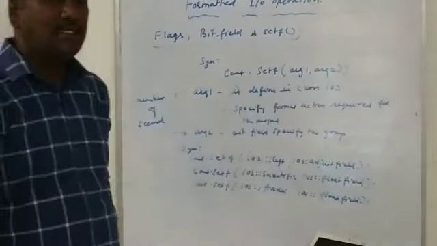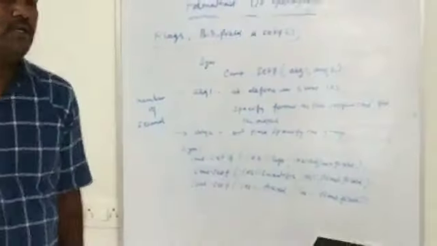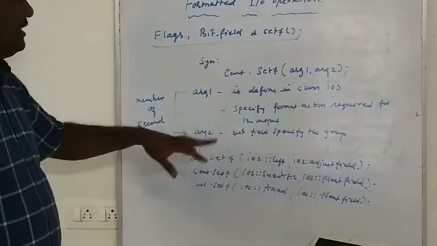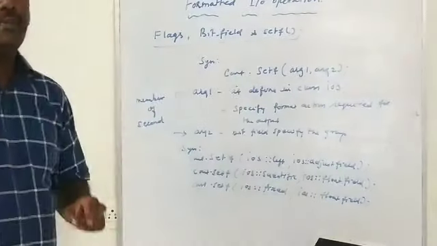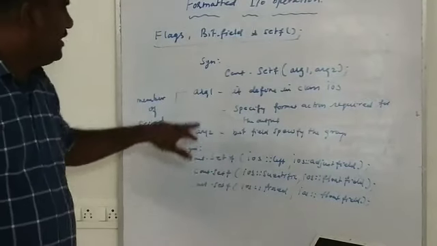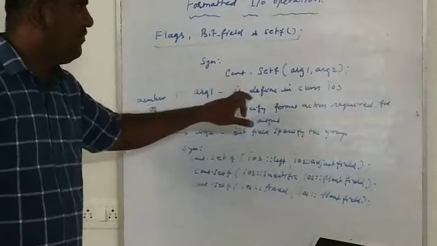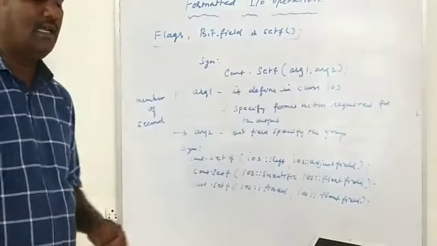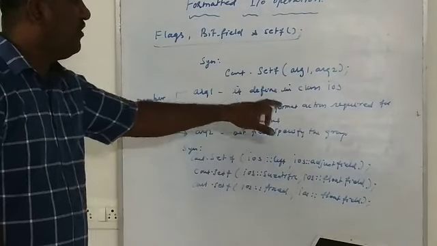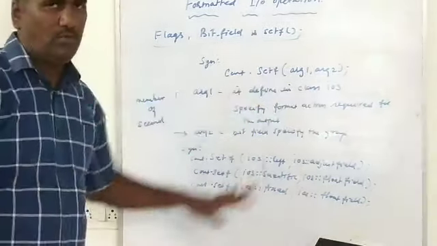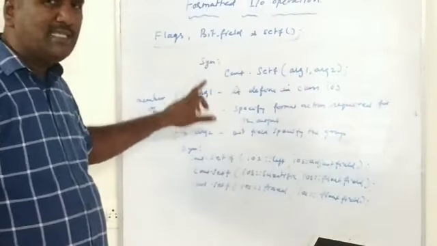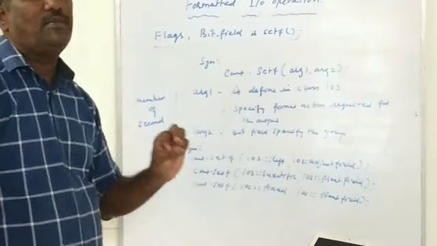In previous cases all functions had only one argument, but here we are using 2 arguments. Argument 1 is a member of argument 2. Argument 1 is defined in the class ios, and it specifies the format action required for the output, so which format we want to display.